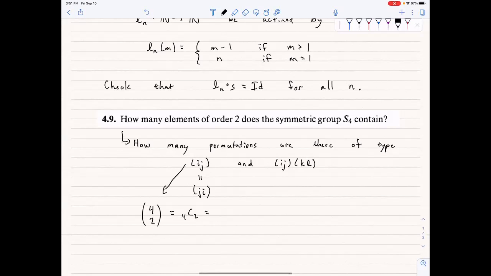And this is equal to 6. Good. So if you want the formula, this is 4 factorial over 2 factorial times 2 factorial.